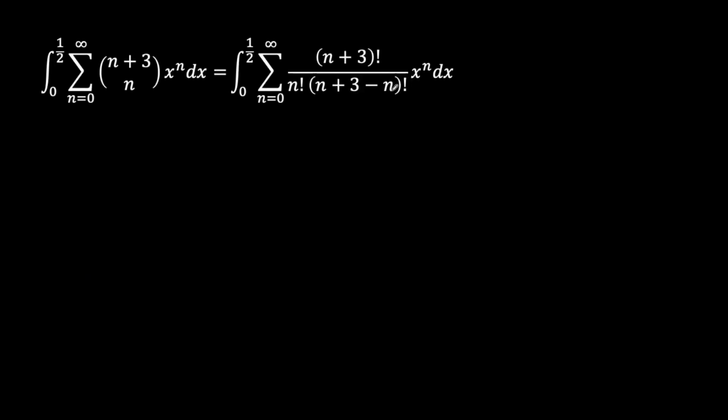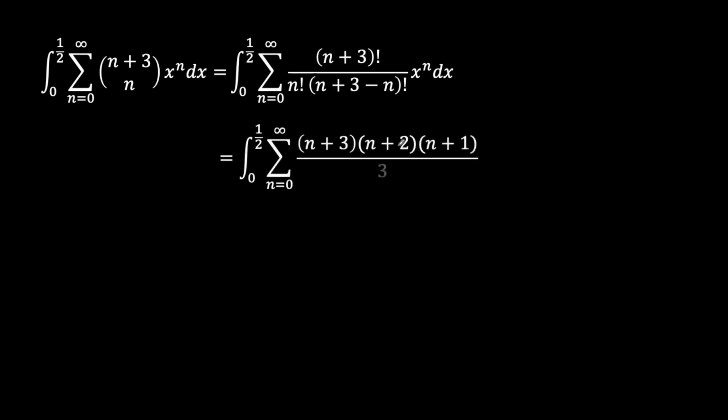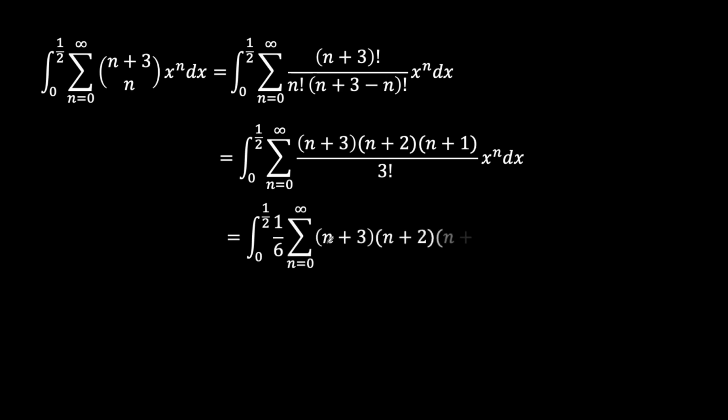And since n plus 3 minus n is just 3 factorial, we are left with, in the numerator, n plus 3, n plus 2, and n plus 1. And then the n factorial disappears. And then in the denominator, we have 3 factorial. 3 factorial is 6. So we do have 1 over 6 here times n plus 3 times n plus 2 times n plus 1 times x to the power n.